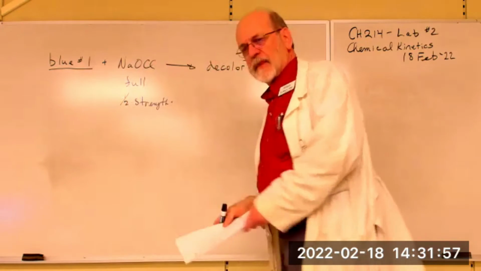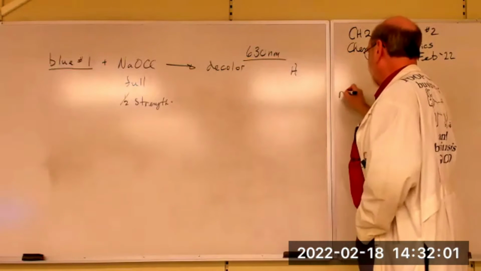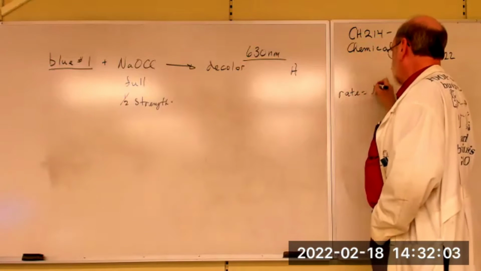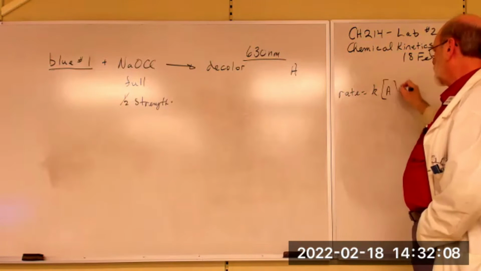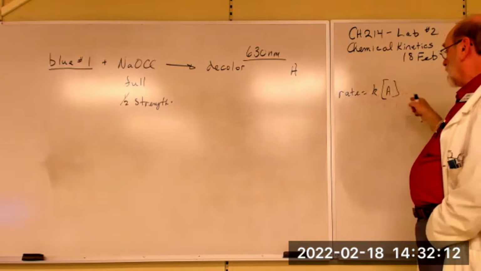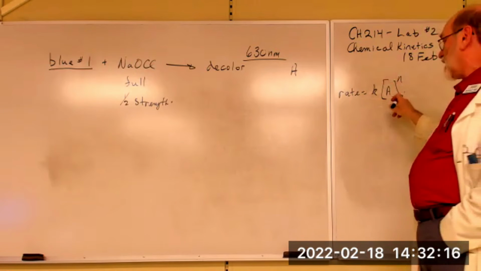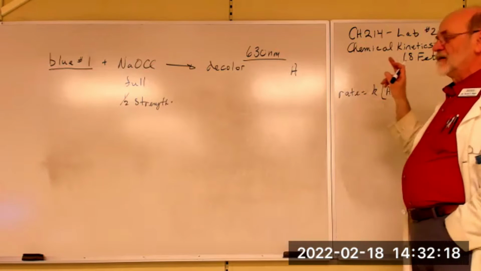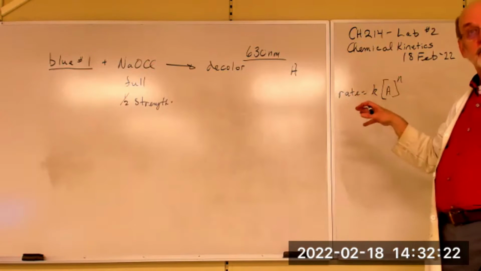Remember, we have said that the rate is equal to some K times the absorbance of the blue color. This is only valid, and whatever that value is, this is only valid if the sodium hypochlorite doesn't change. If it changes, then we have to account for that.